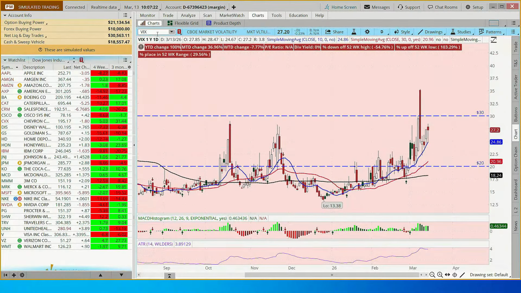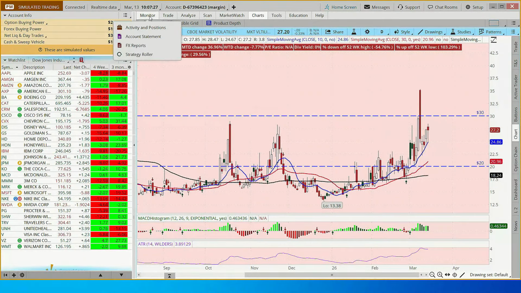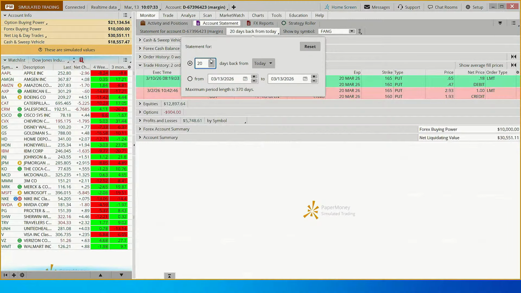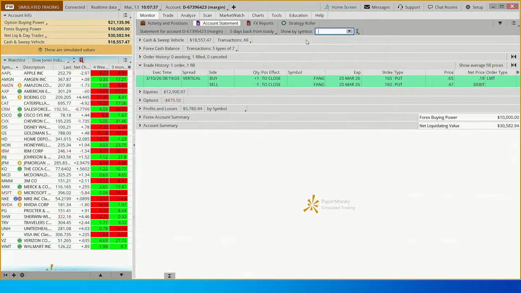And when I recorded that session on Monday, let's come to the monitor tab and the account statement. I'm just going to go 5 days back, which takes us to Monday when I placed these example trades.